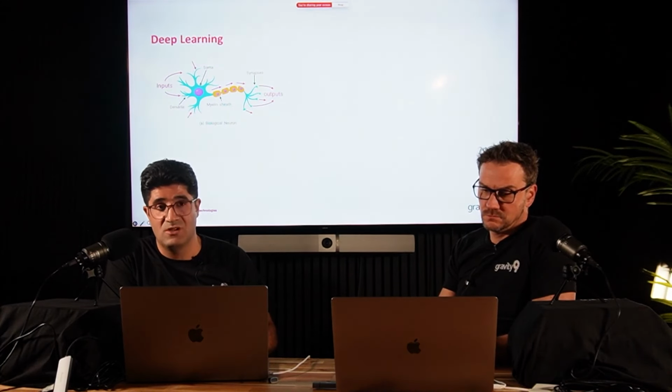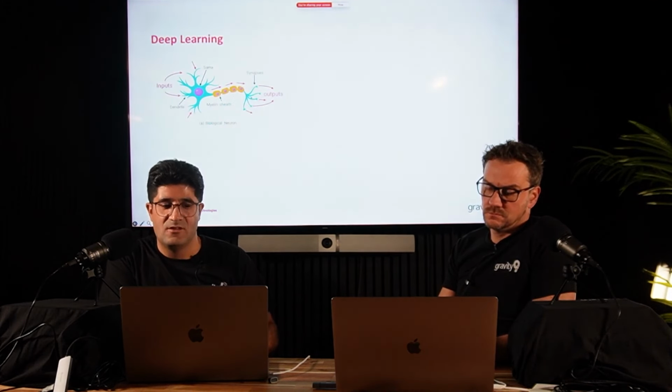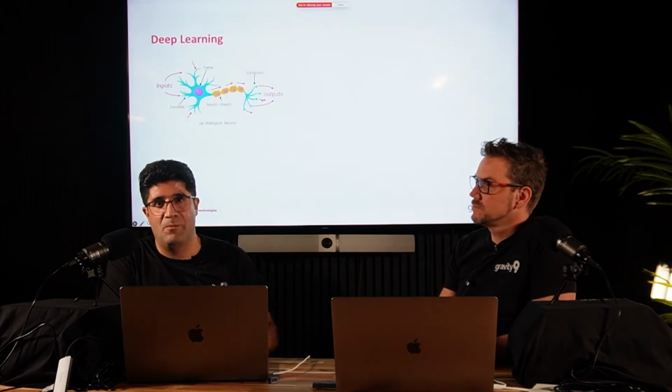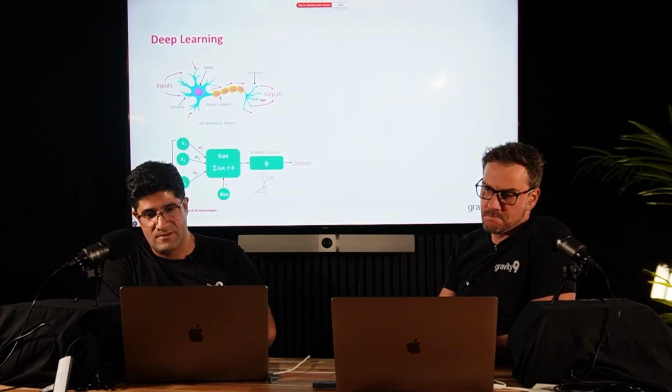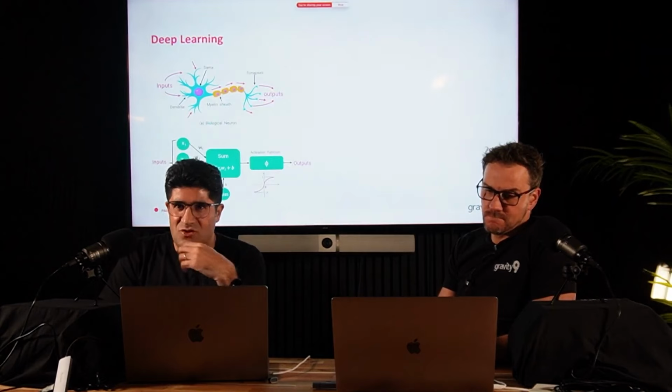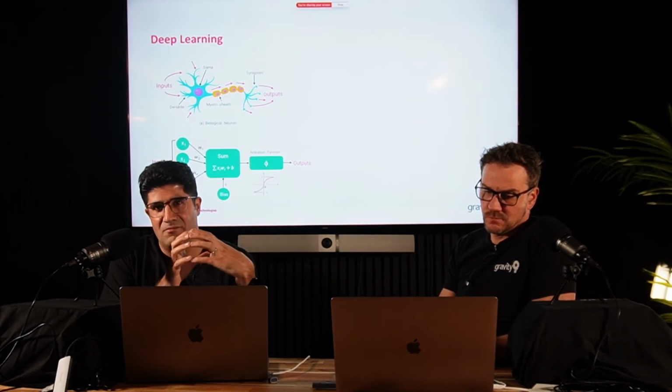And then we have the soma, which tries to do some analysis and generate the signals to create some outputs and pass the information to the rest of the neurons. So to reproduce the same concept, we have mathematics.